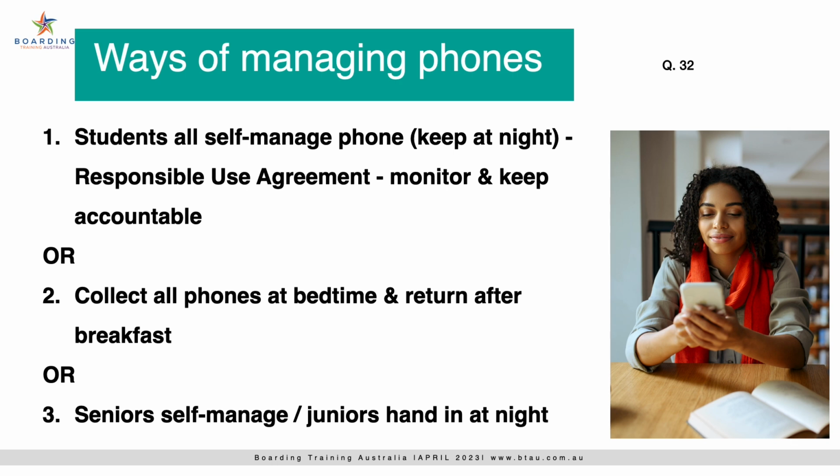In some instances, students all self-manage phones, so they'll keep them at night, and there's a responsible use agreement, and staff will monitor phone use and keep students accountable to their agreement. Other places will collect all phones at bedtime and return after breakfast or even after school if phones are banned at school. Or seniors self-manage and juniors hand it in at night, and that's probably the most common process that we see.